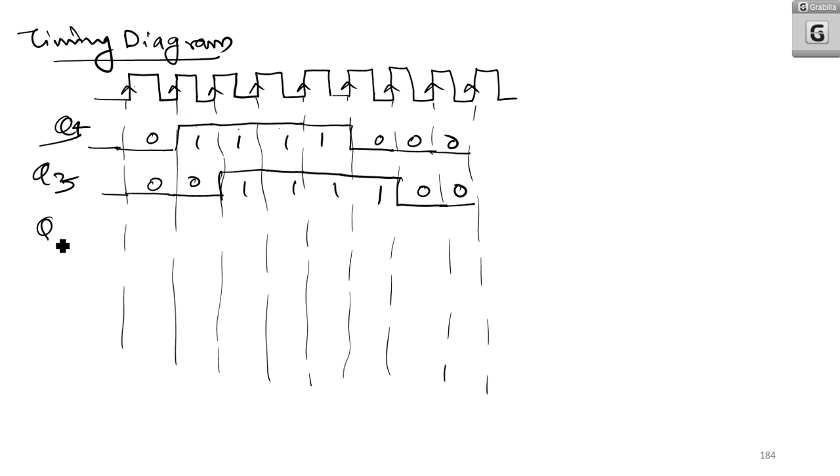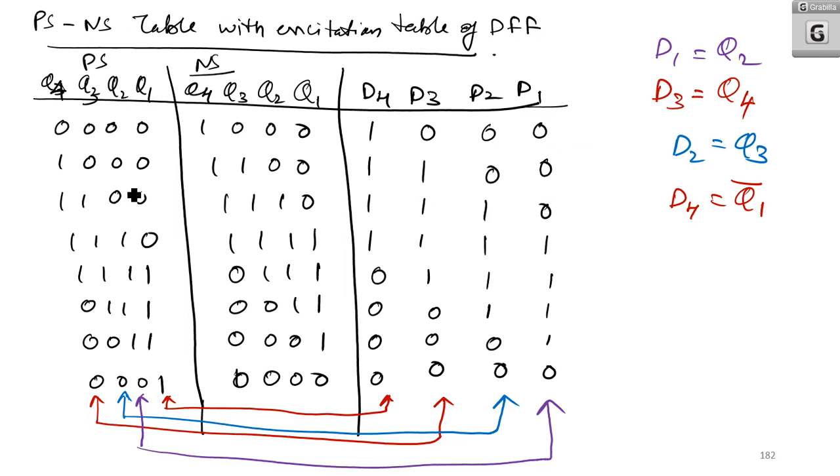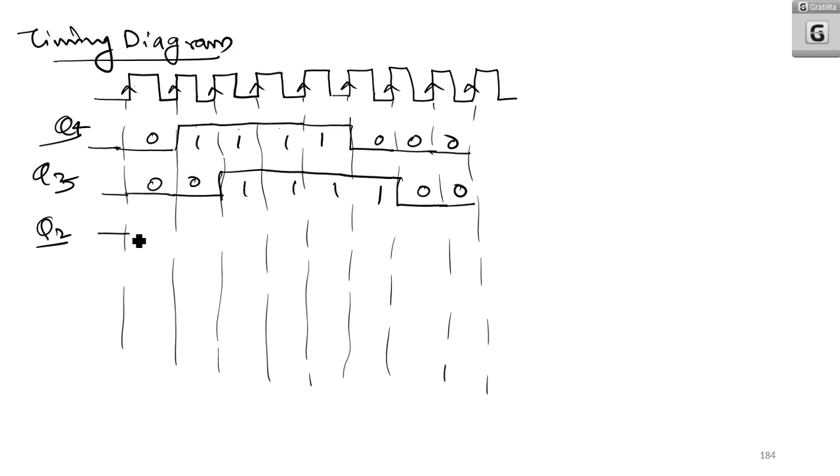Now coming to Q2, how will Q2 be? Q2 will be 4 zeros, 4 ones and 0.